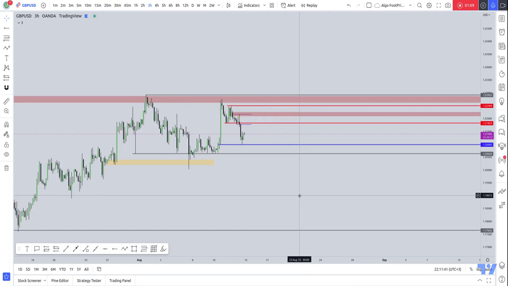So when I came on this chart, basically what I was looking for is if the market is giving me reasons to buy or to sell.